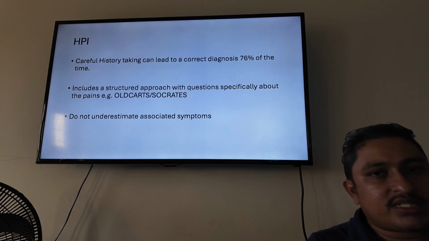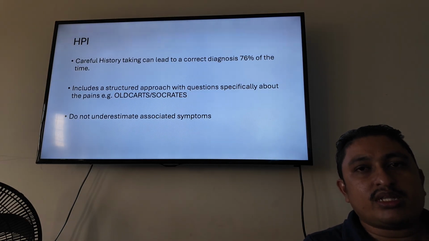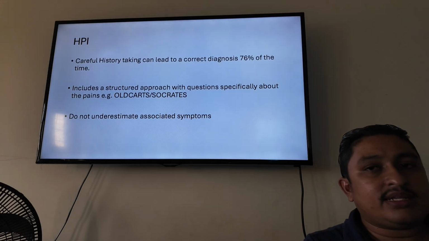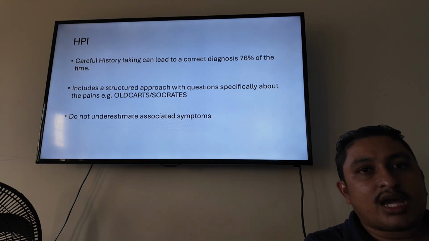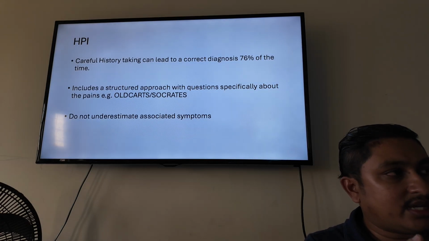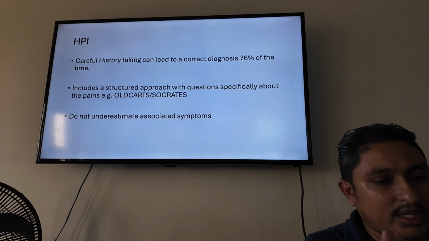About 80% of your diagnosis will be made by the time you finish taking your history and physical examination. And that's why the history component is so important.